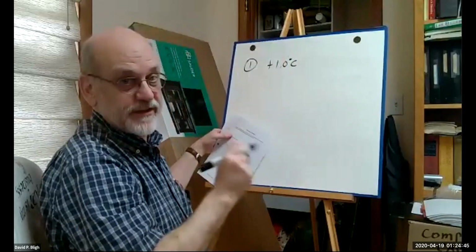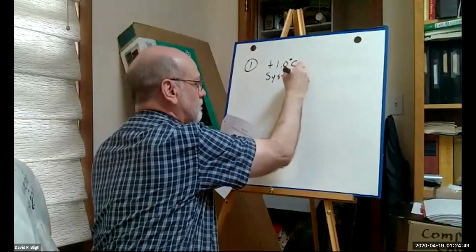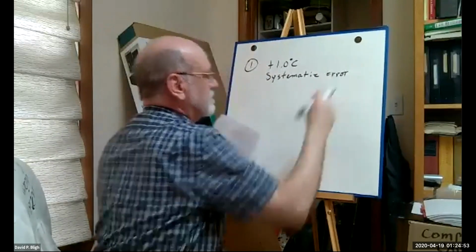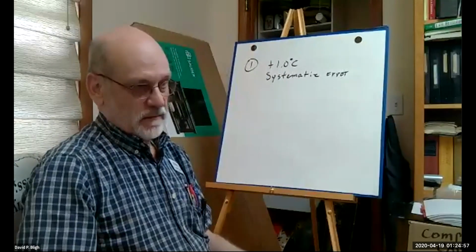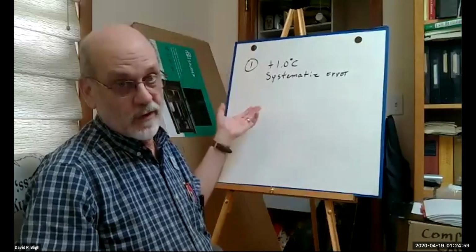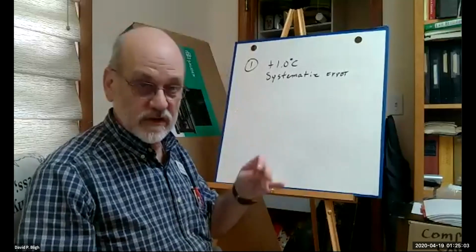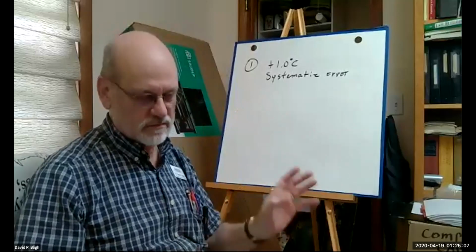That's called a systematic error. Happens the same way every time. Those are probably the easiest ones to correct for. If you know it's a systematic error, you can make corrections in your data to account for that. So those are easy.